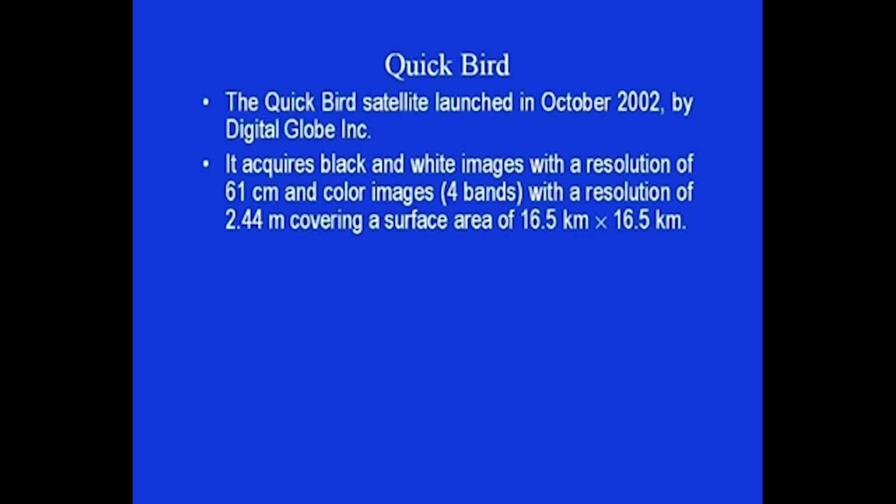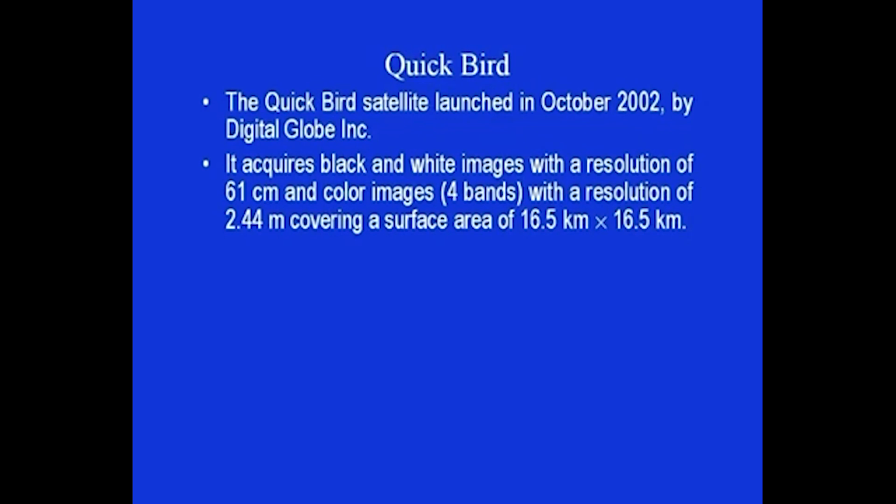The next high resolution satellite is the QuickBird. It further improved the spatial resolution in panchromatic mode from 1 meter of IKONOS to 61 centimeters, and in the multispectral mode it operates at 2.44 meter.